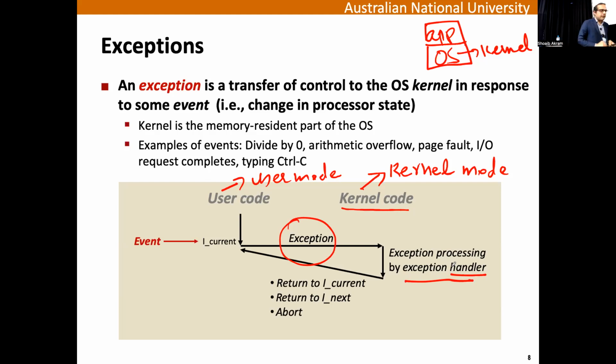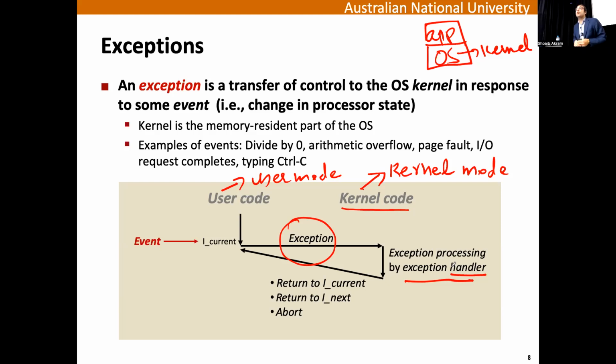Once the processor is done executing the code in the handler, it could return to the same instruction and re-execute that instruction. It could execute the next instruction, or it could simply abort. A lot of operating systems, when there is a divide by zero error, just abort the application.